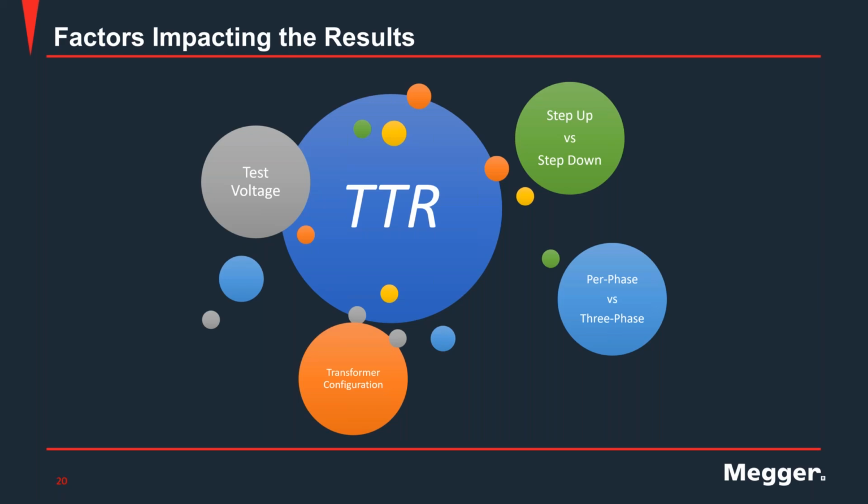Test voltage; step up versus step down technique to perform the test, and I will go a little deeper on all of this; per phase versus three-phase energization, that is, whether I'm energizing one phase at a time when testing a three-phase transformer or energizing the three phases simultaneously; and finally, the transformer configuration. We briefly talked about that: the configuration of the windings, or how many sets of windings I have. That's also an important factor to consider. So let's look at the first one, test voltage.